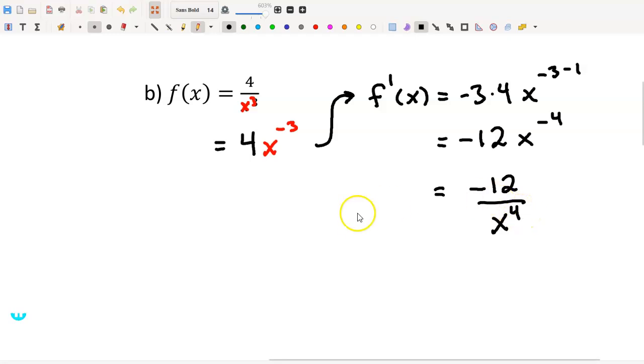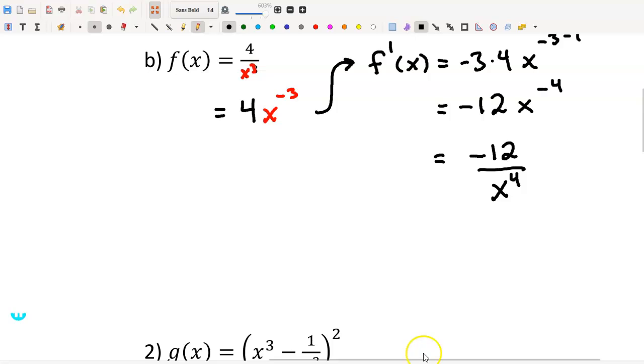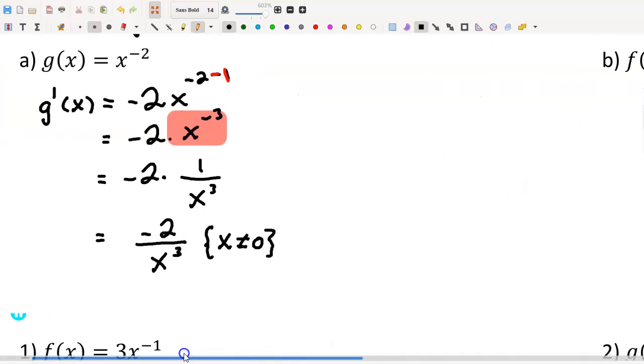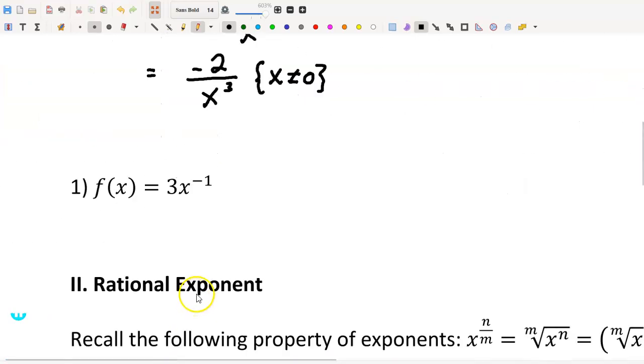Good to go. Next. All right, let's keep going. Last one. This is pretty much straightforward. It's already in the proper format, so we can take the derivative pretty quick. Try that one on your own just to make sure you can do it.